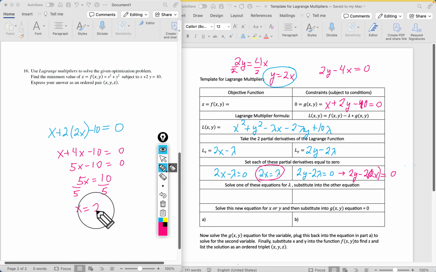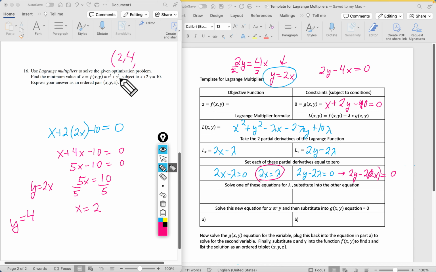X equals 2. So that's the x coordinate. How do we get the y coordinate? Go back to any of them, but this one would be the nicest one because we've got y equals 2x. Plug in 2, y is 4. Good. And so that's our point.